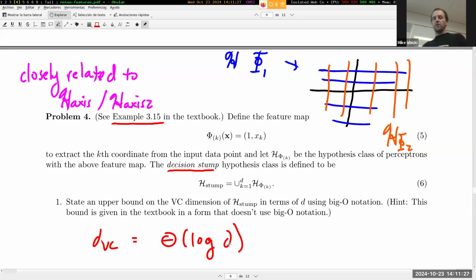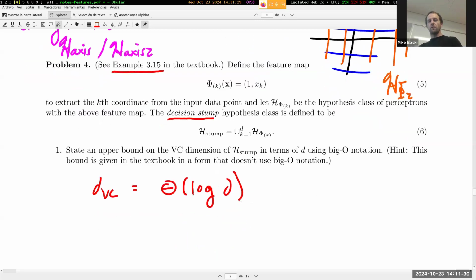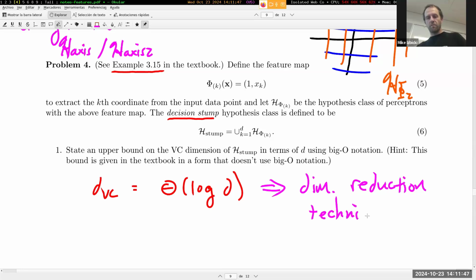So this is a dimensionality reduction technique, because we are reducing the dimensions by the log of D. That implies a dimensionality reduction technique, and it reduces the dimensions by a lot. Anytime you're taking the log of something, that really reduces the size of things. So this is something to use if you really need to reduce the dimensions by a lot.